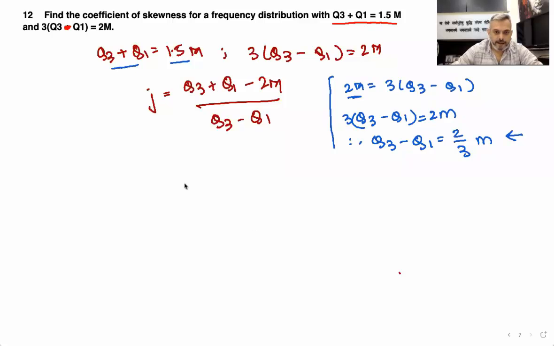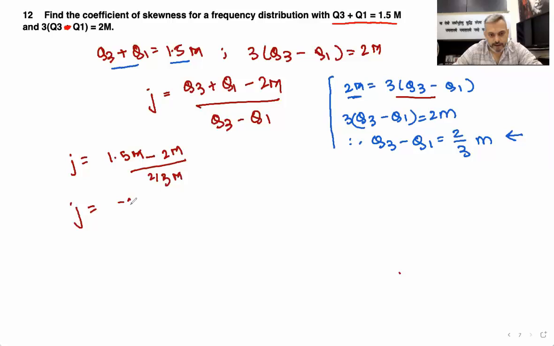So let's go back over here. Now, J is equal to Q3 plus Q1, which is 1.5 m, and 2m. Or we can even keep 2m as it is because everywhere we are converting it into 2m. If you want to use this and you don't take this as 1.5, then only you will be able to cancel it. So minus 2m upon Q3 minus Q1, which is 2 by 3 m. So let's see what happens next.